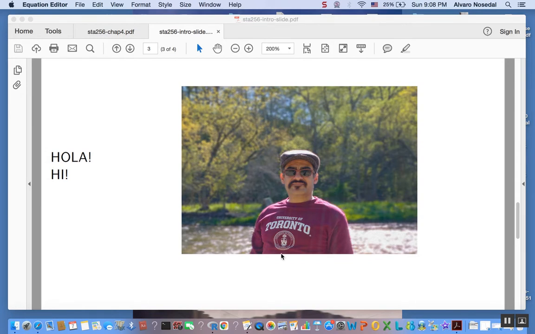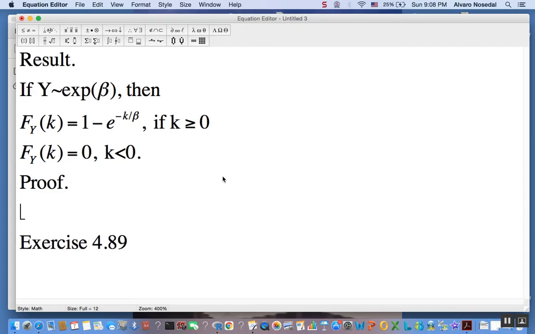First things first, let's try and derive the expression for the CDF of an exponential distribution, or for a random variable y with an exponential distribution. Okay, so first, this is just notation.